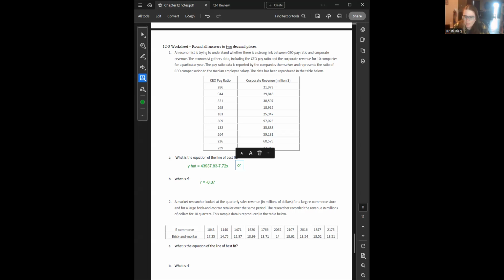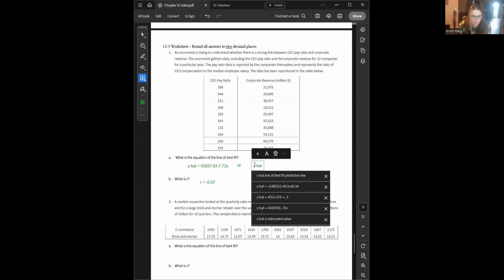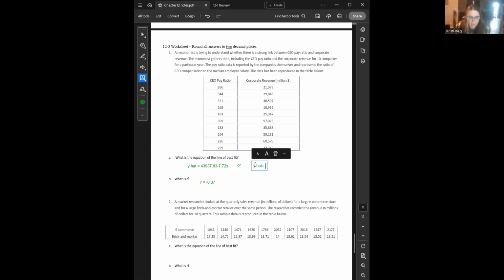But if we want to use the mx plus b, go back to regression, R is the same, and y hat is the same if you just use the commutative property, because we have that y hat equals negative 7.72x plus 43,937.83.